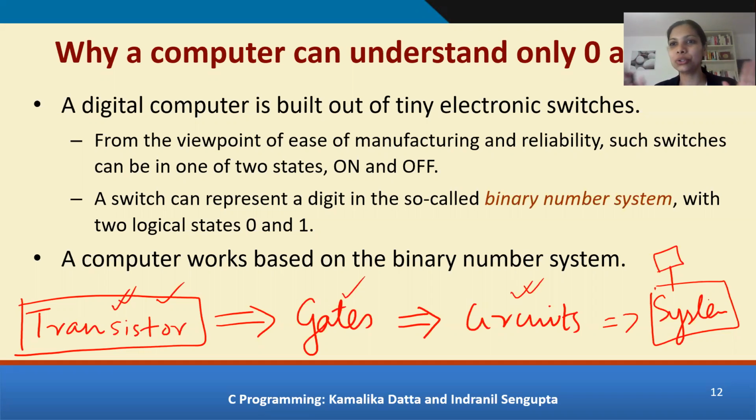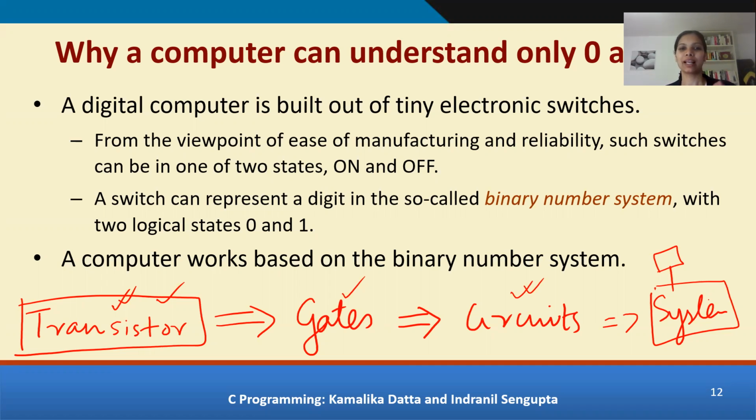This is simply because of the way it is built using transistors and the way these transistors work. It works on the basis of voltage: when conducting, it is roughly a certain volt, and when not conducting, it is close to 0 volt. So it is either logic 0 or logic 1, corresponding to some voltage.